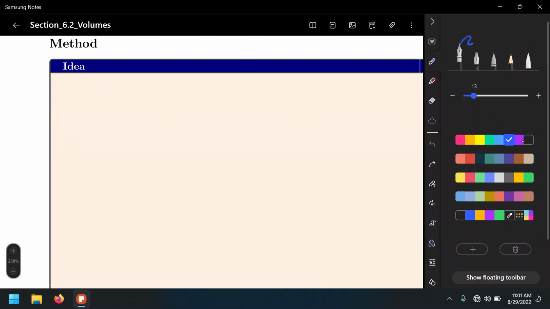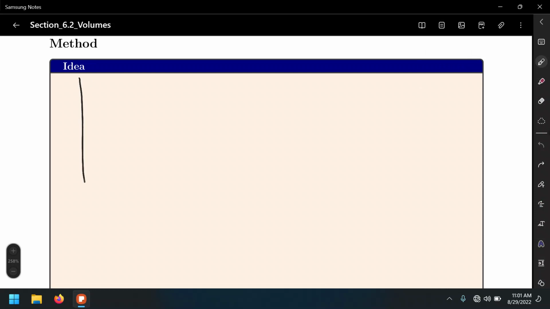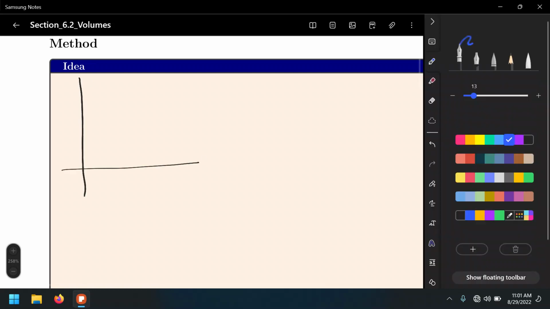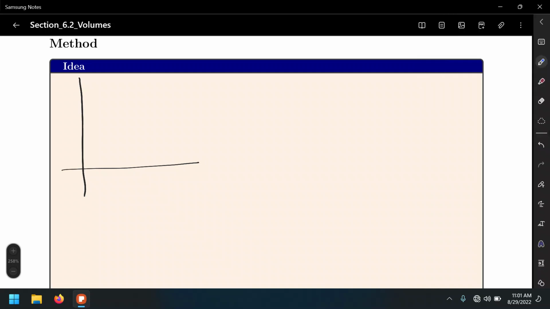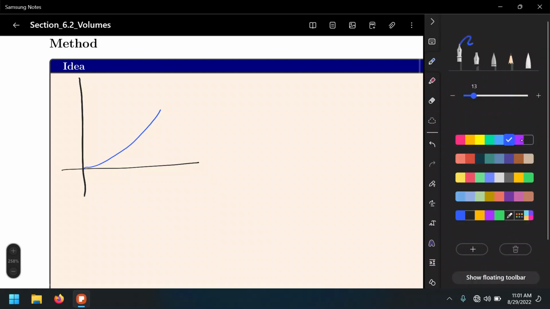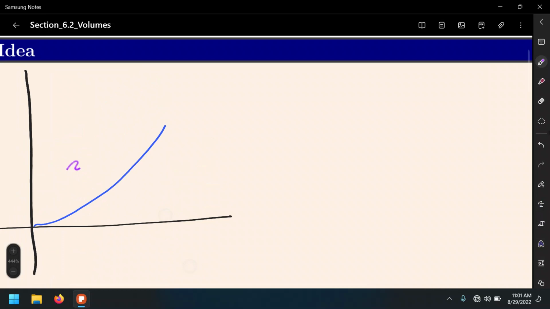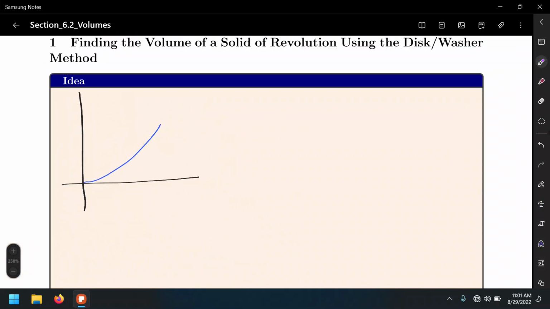All right. So the picture for this is this one. We have some function f of x, whatever that is, and we will rotate this graph.